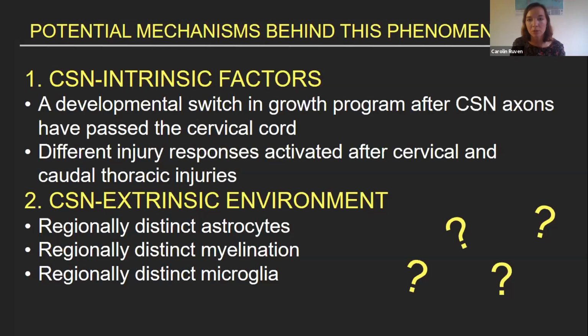In our model, we are looking at CSD and damaging mainly CSD, but we are probably still damaging some ascending tracts, the same dorsal funiculus. So we have not looked at whether they are able to grow or not, but this is something we are definitely planning to look at.